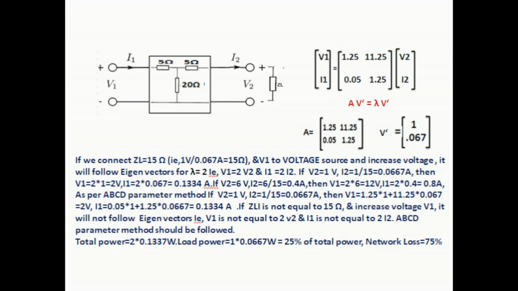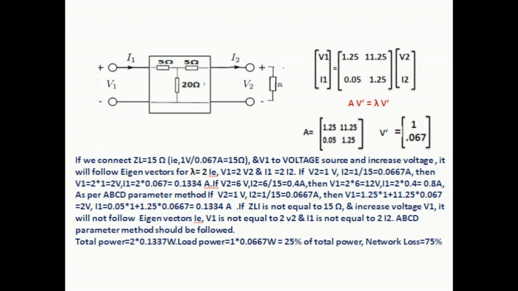V dash equal to 1, 0.067. If we connect ZL equal to 50 ohms, that is 1 volt divided by 0.067 ampere equal to 50 ohms, and connect V1 to a voltage source and increase the voltage, it will follow the eigenvectors for lambda equal to 2. That is V1 is equal to 2 V2, I1 equal to 2 I2. If V2 is equal to 1 volt, then I2 equal to 1 by 15, that is equal to 0.0667 ampere.